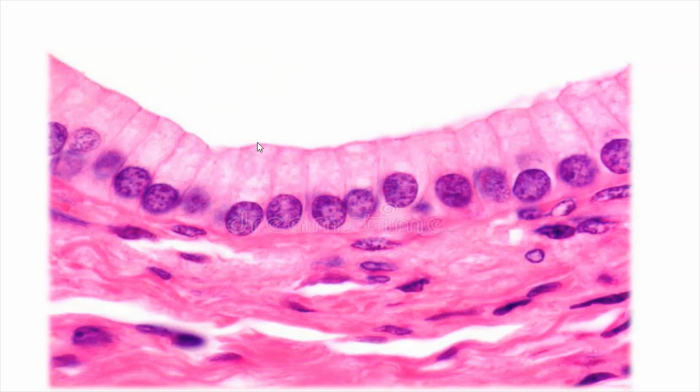So label the cell cytoplasm, label the plasma membrane, the nucleus, and mention the basement membrane, because remember, epithelial cells always lie on the basement membrane. So this is simple columnar epithelia. How do I know? Because the nuclei are at the same level. So this is simple columnar epithelia.